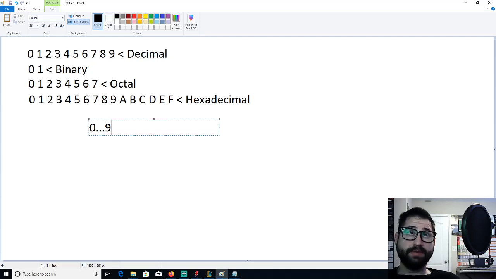We can go all the way up to 15 by using letters. So we'll go through and just do A, B, C, D, E, F, right? So we're at 15. What happens? We are now out of the available character representations that we had.